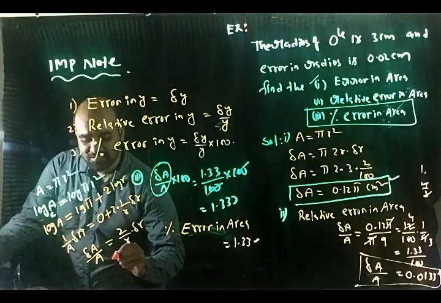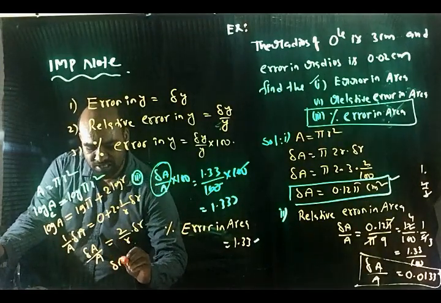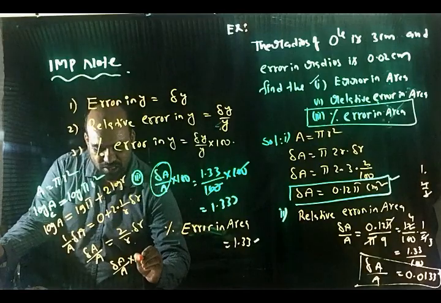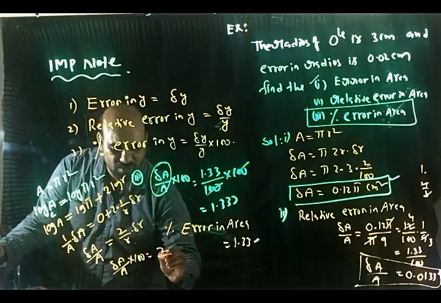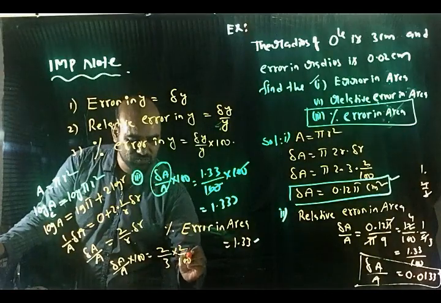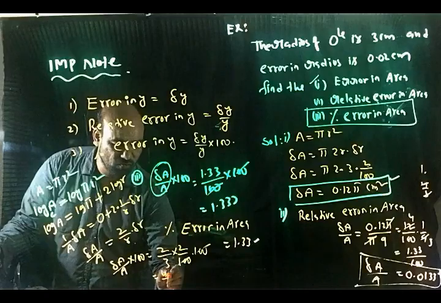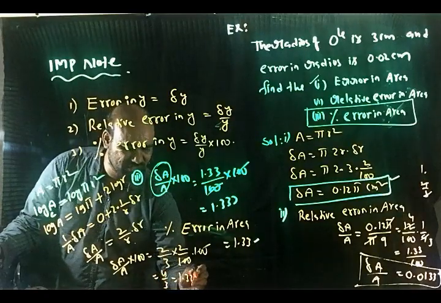We want percentage error in area, means delta A by A into 100 equal to 2 by r means 3, into delta r is given as 2 by 100, into 100 get cancelled, that is 4 by 3, that is equal to 1.33.